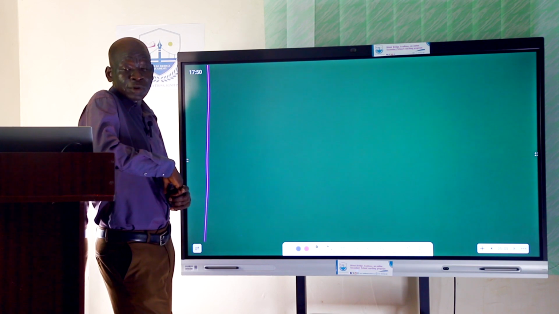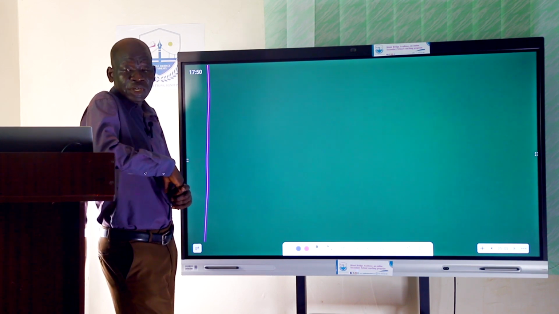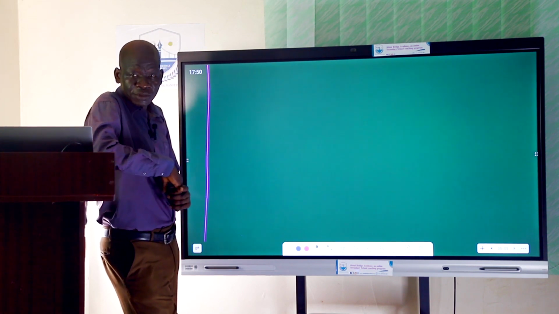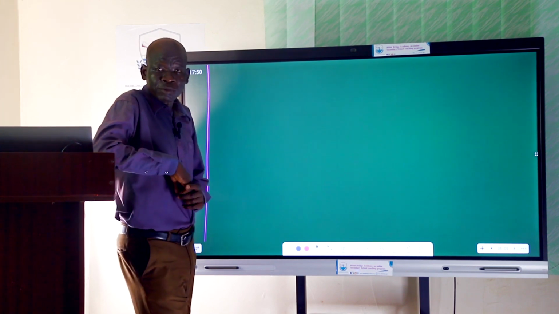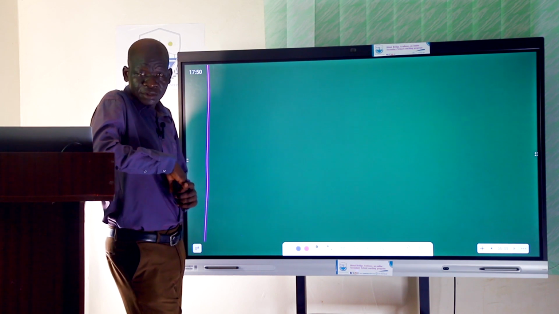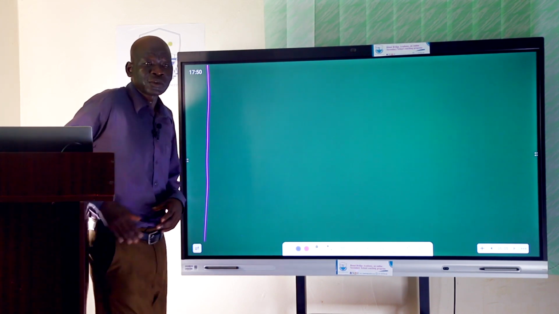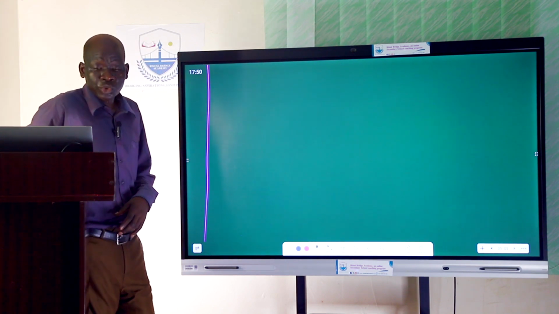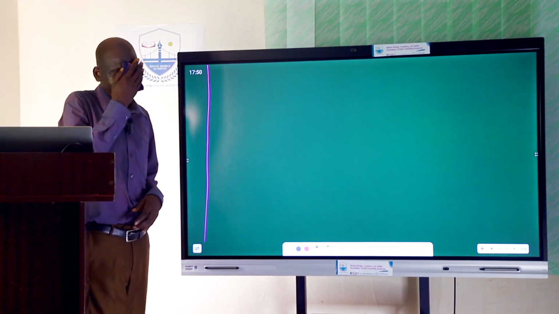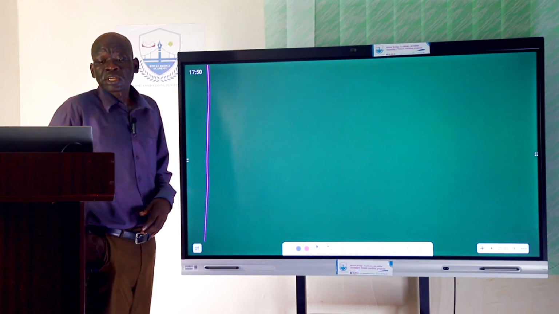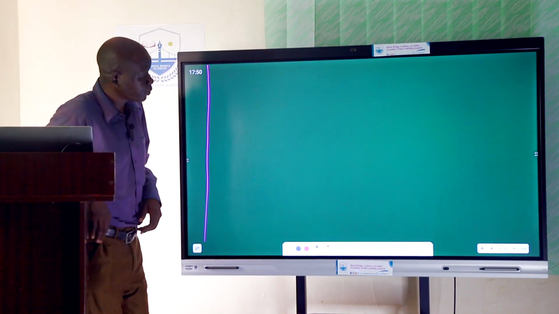If they say probability of A and B, you have to multiply probability of A times probability of B. If they say probability of A or B, it means you have to add the probability of A to probability of B. So those are very, very important notes which must be understood. So we can look at an example.